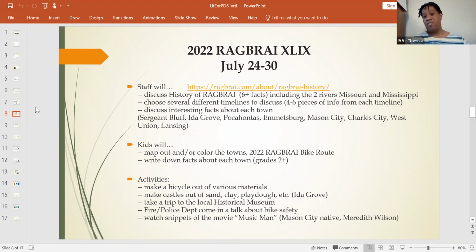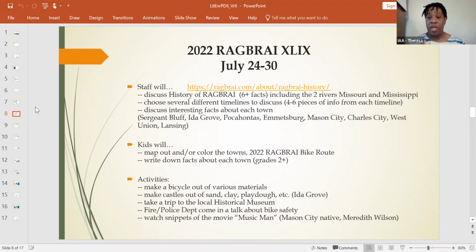I mean, there's a lot of activities they do with those 2 rivers as well. We know that RAGBRAI is an acronym, and just getting kids having that Iowa pride of, this is something that is big. This is something that people come from all over, not just the United States, but all over the world to participate in.